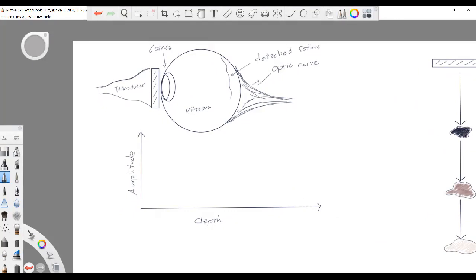I told my former student that she can come in and do a demonstration or show some images of what she's done and talk about that. But A mode stands for amplitude.